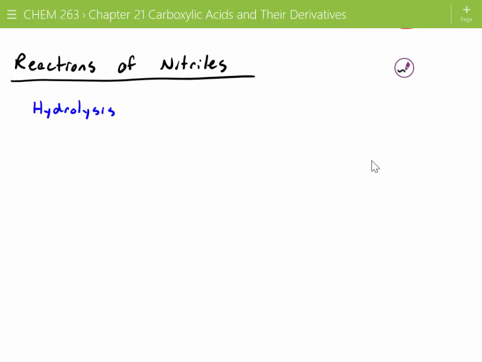And it's very, very similar to the amide hydrolysis. You can take a nitrile, react this with strong acid and heat, and this will take you to your amide.